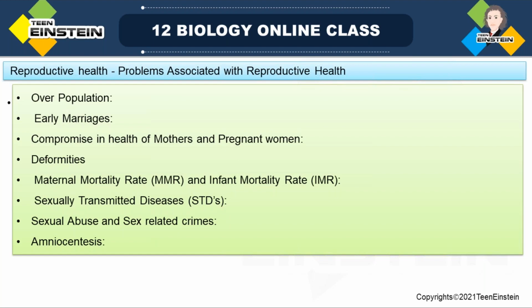Actually, what is amniocentesis? What is it used for? It is for the early detection of problems of a growing fetus. See, after birth, if you detect severe problems of a growing embryo or an infant, it is difficult to treat.